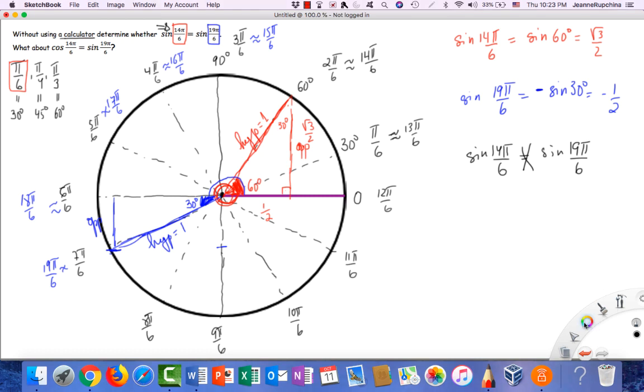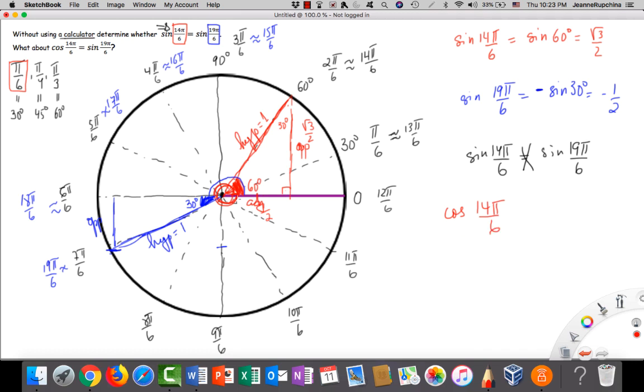Now the second question relates to cosine. Cosine is the adjacent side of the red angle. If we're looking for cosine of 14 pi over 6, we're looking for the length of this adjacent side over here. So it's going to be equal to cosine of a 60-degree angle, which is equal to 1/2. Because if you notice, this red part is really equal to this blue part in length.